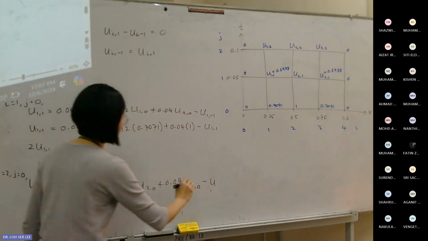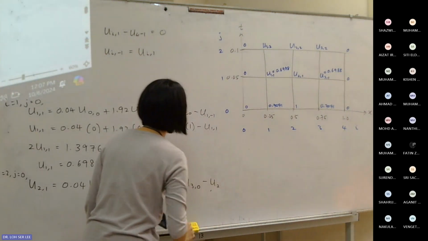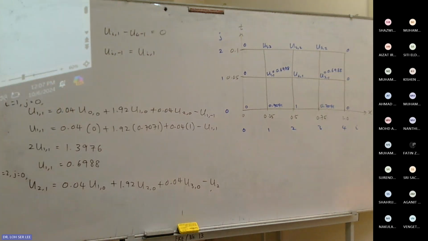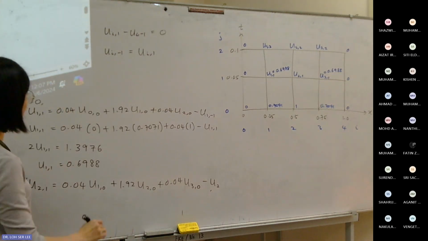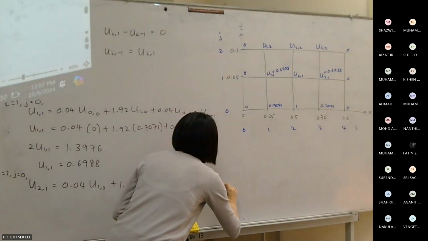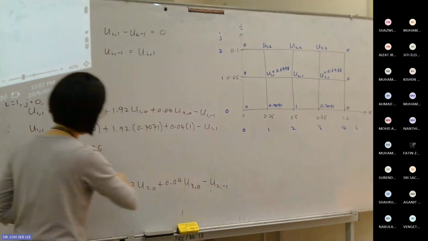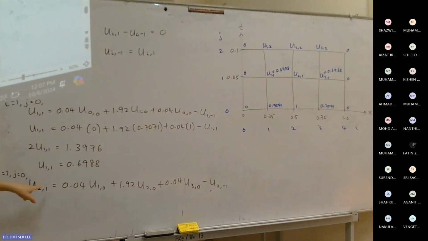So I is 2 now. U2, j is 0, 0 minus 1, so negative 1. Okay, this is the first line that you get. Uij minus 1.